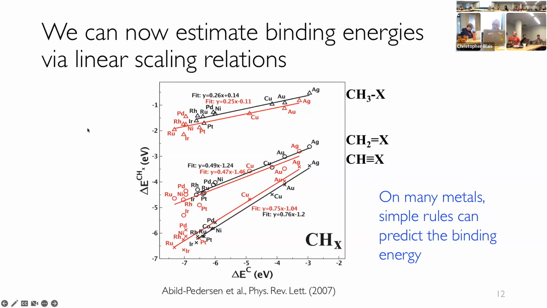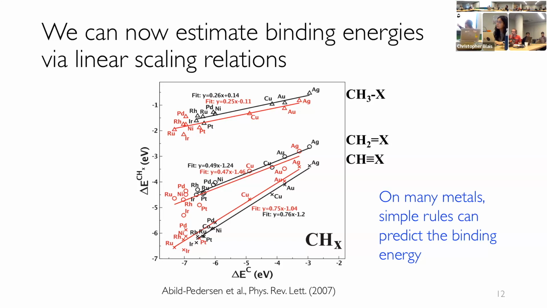For changing your thermochemistry based on what metal you're on, we use, as I alluded to earlier, what are called linear scaling relations. These were posited a while back by Abild-Pedersen in a paper that I've cited probably over 100 times at this point. They're basically a linear correlation between binding energy and what's called bond order.